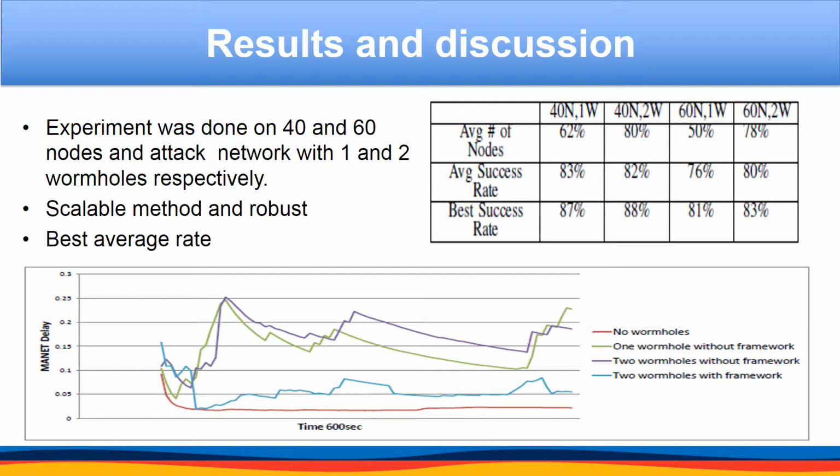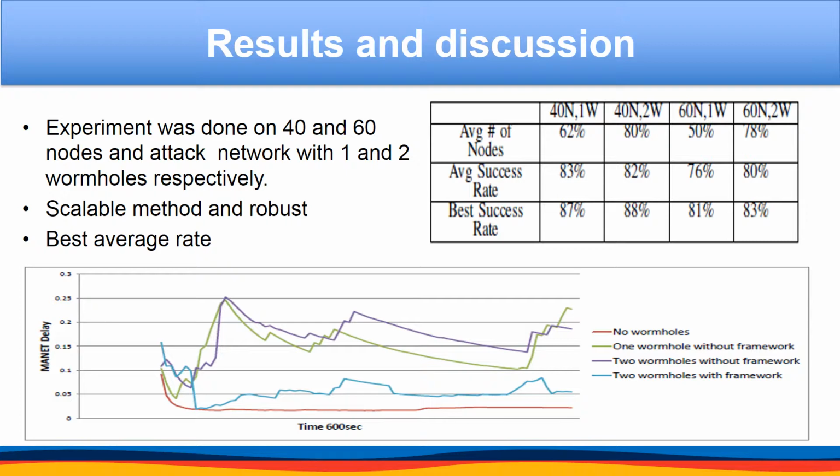Different simulations have been implemented on different sizes of MANET networks. For example, here we have 40 nodes where they launched one wormhole, and another was composed of 60 nodes and they launched 2 wormholes. Here on the graph we can see the results.